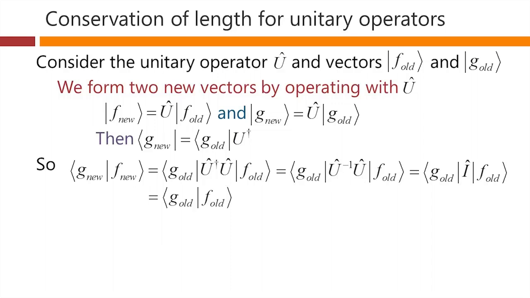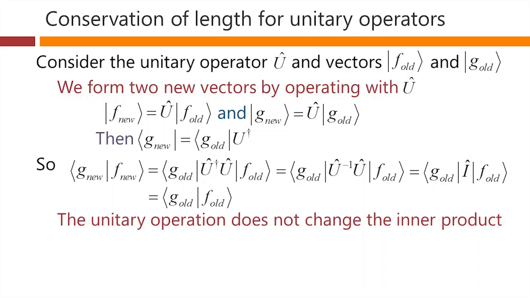So therefore, what we've proved is that this unitary operation, acting on these two vectors, has done nothing to the inner product between the two vectors. Our new vectors have the same inner product as the old ones did.